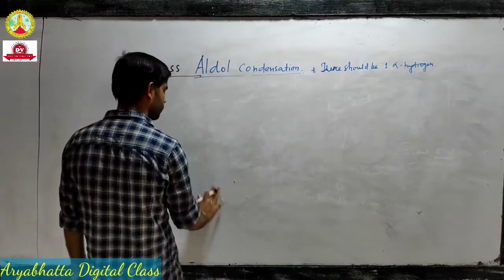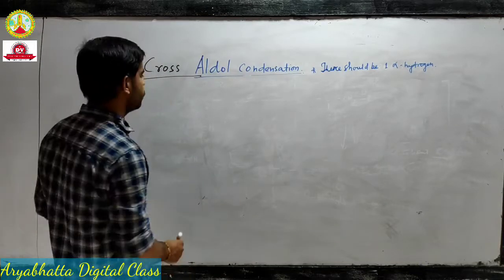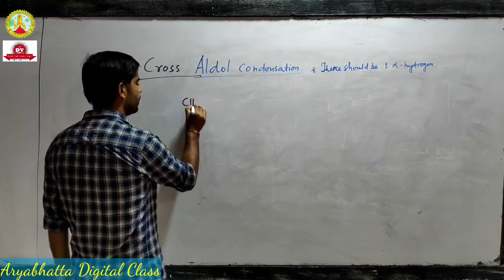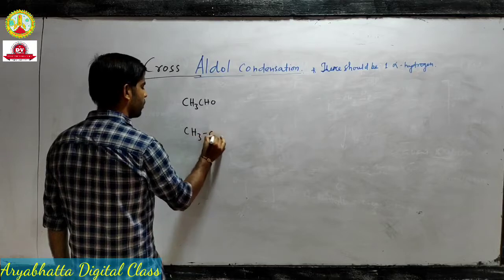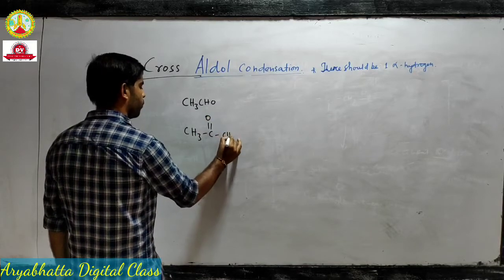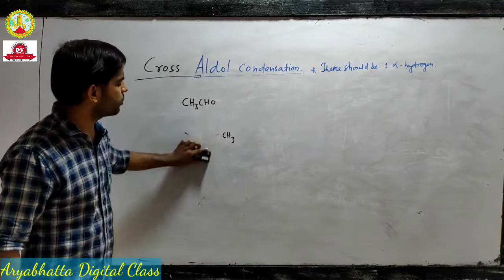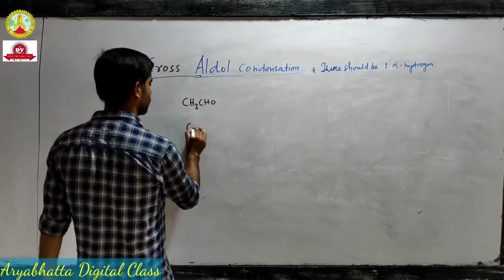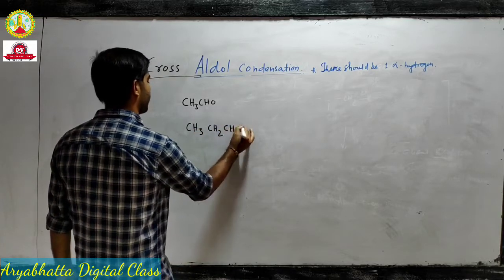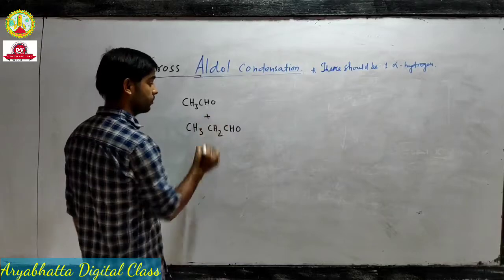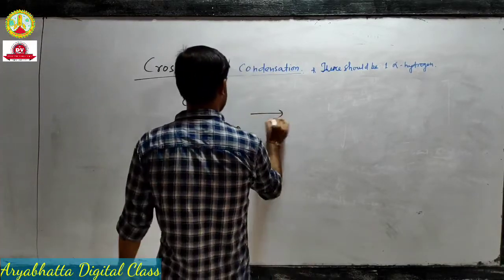It's different in that the carbonyl compounds that we use are different. Suppose in the above two examples, we took either ethanol or propanone. Now suppose I take ethanol and propanol and combine these two and do the condensation.